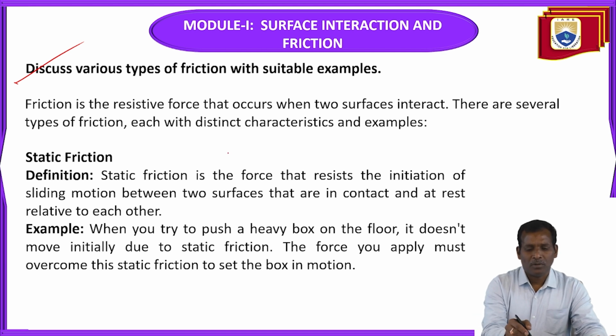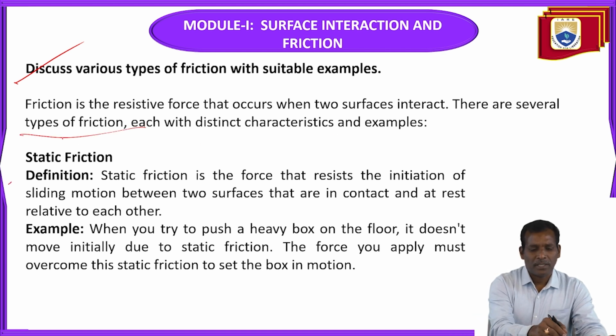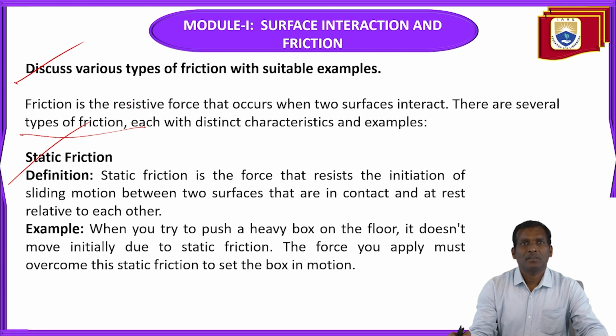The types of friction: one is static friction. Static friction is the force that resists the initiation of sliding motion between two surfaces that are in contact at rest relative to each other. Whenever two surfaces are in contact at rest, static friction will be developed.